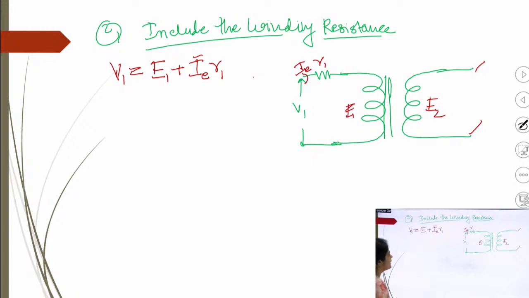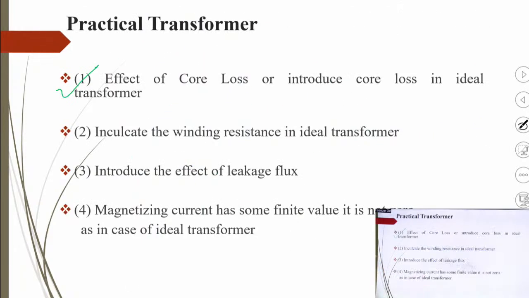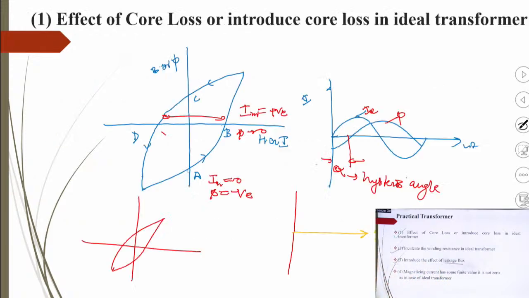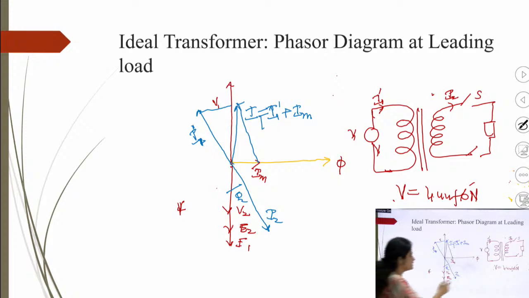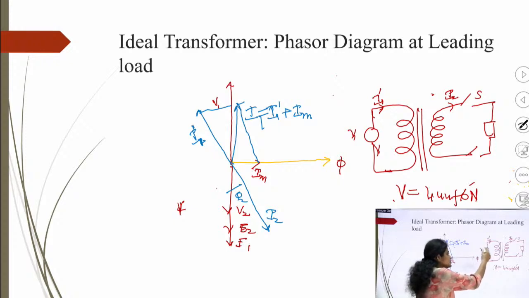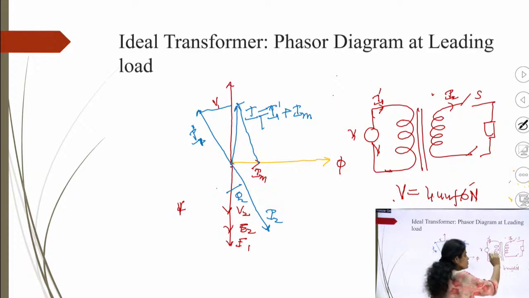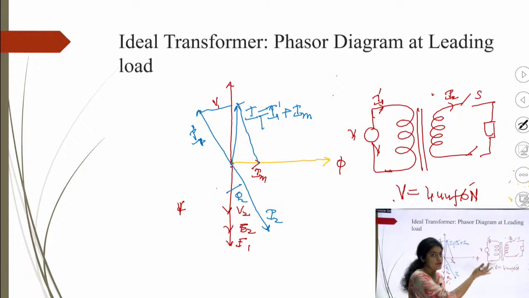Now, we include the winding resistance as well as we have to include the leakage reactance. Here you can see winding resistance, and third we have to include the leakage flux, because we assume that whatever flux is produced by this primary, all flux will link with the secondary, but practically it is not possible, right.